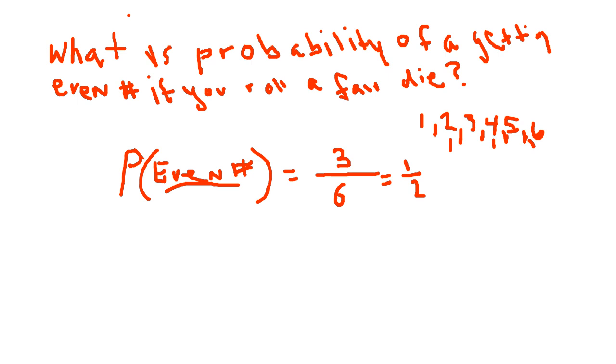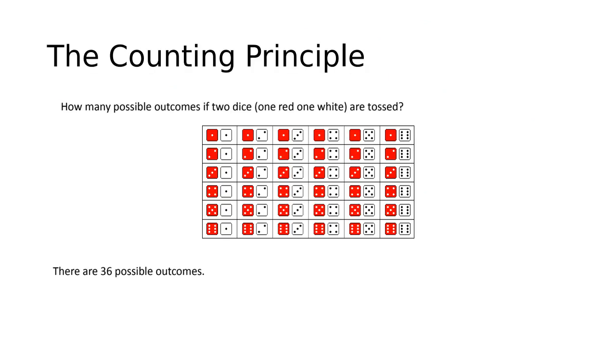Okay, so let's say we want to know the probability that the sum of the numbers of your dice when you roll them equals 8. Okay, that the sum is equal to 8.